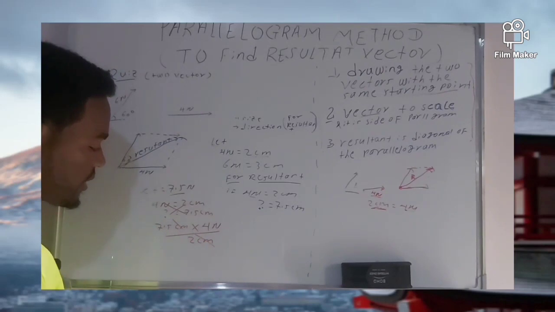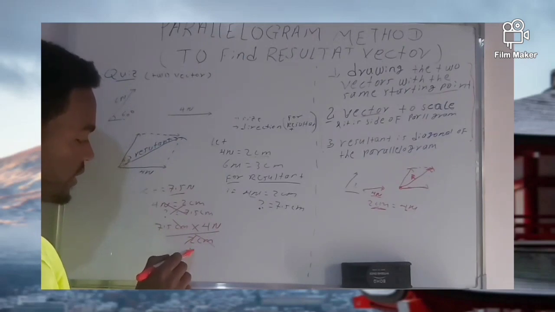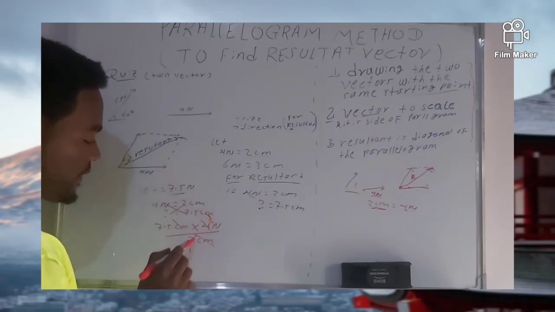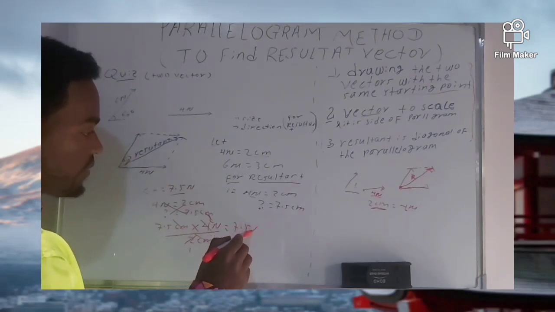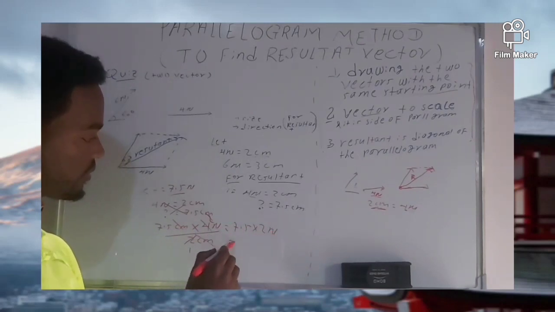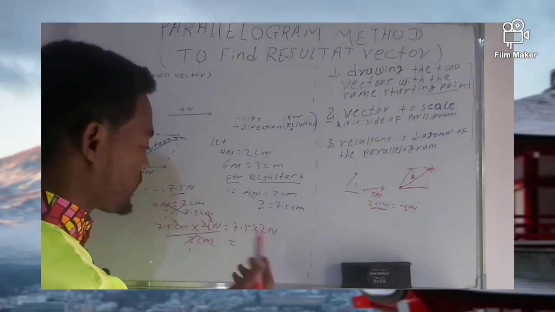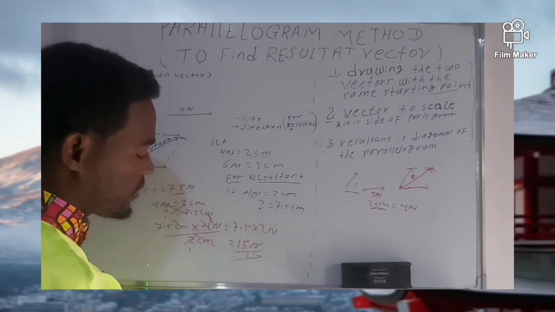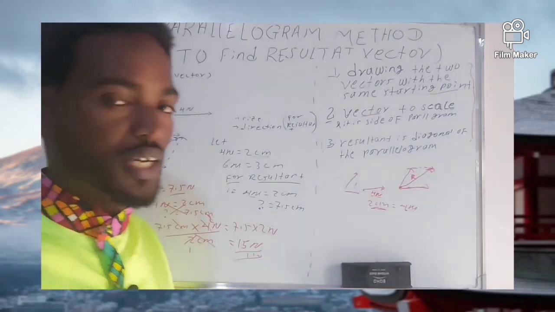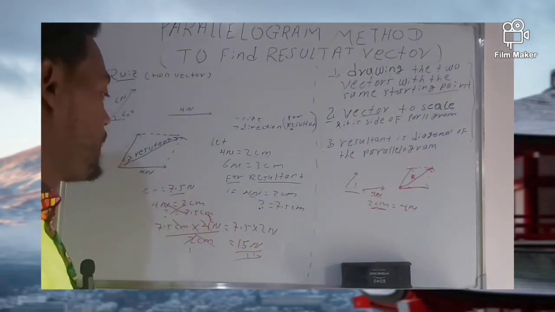Centimeter by centimeter, we can cancel. 4 by 2 is 2. So 2 times 7.5 gives 15 Newton. This will be the answer for the size of our resultant vector.